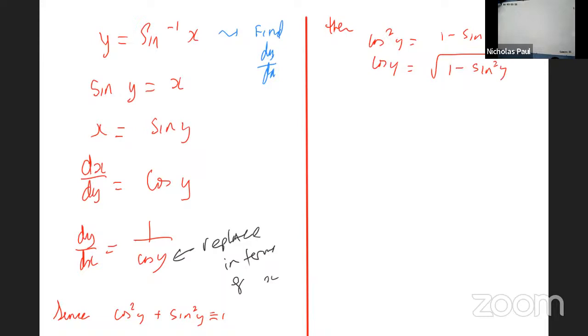That's okay? Now to replace sine y, we could use x. x is sine y, right?